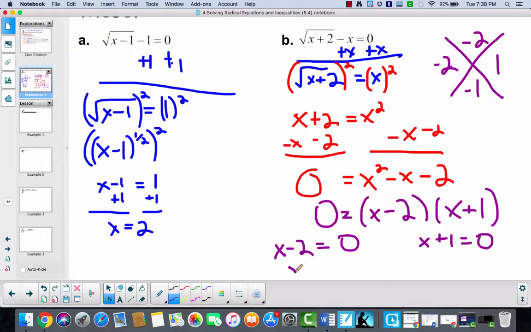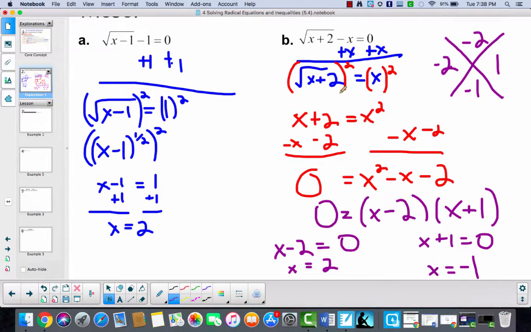So here x equals 2. And here x equals negative 1. Now again, remember I said we need to check. If I put a 2 in here, I get 2 plus 2, that's 4.